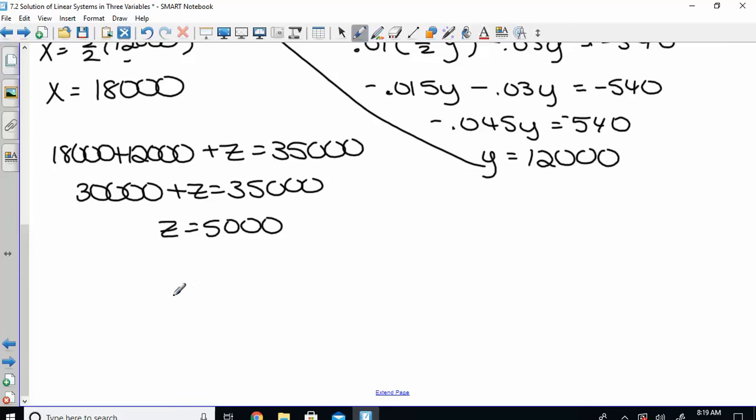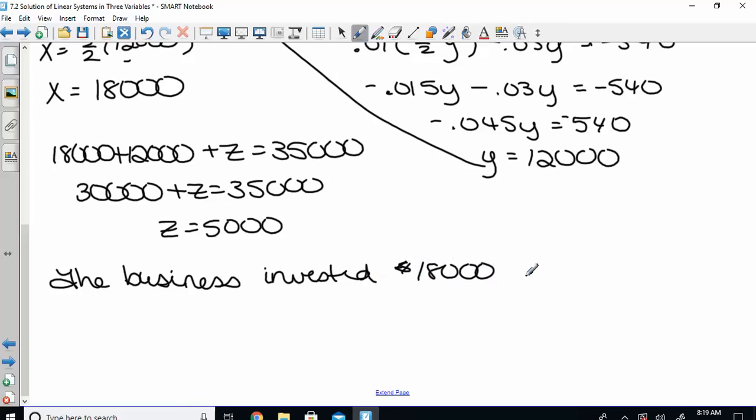Then we need to answer with a sentence. So the business invested $18,000 at 8%, $12,000 at, was it 6% for y?